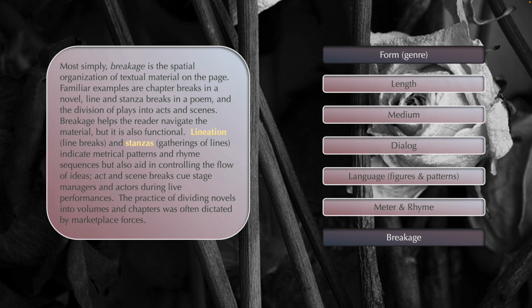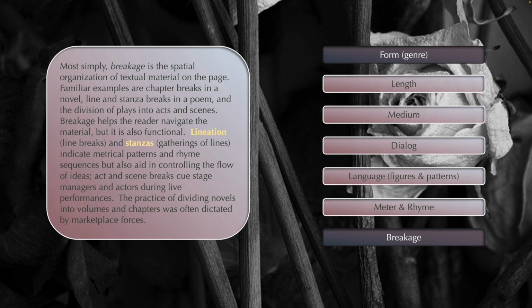Breakage helps the reader navigate the material, but it is also functional. Lineation or line breaks and stanzas or gatherings of lines indicate metrical patterns and rhyme sequences, but also they aid in controlling the flow of ideas. Act and scene breaks in a play cue stage managers and actors during live performances.